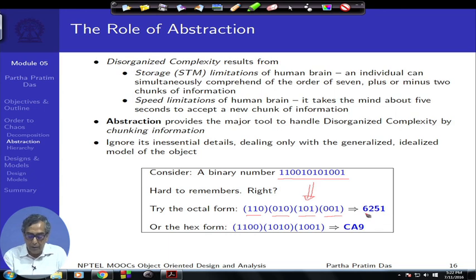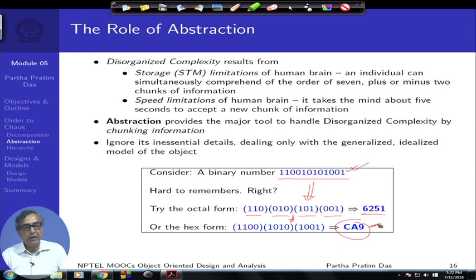So, I got 6251. This is certainly a much easier abstraction to remember, or I could chunk them into 4 bits together and get a hexadecimal representation of CA9. So, this is difficult to comprehend, this is easy to comprehend, this is easy to remember.